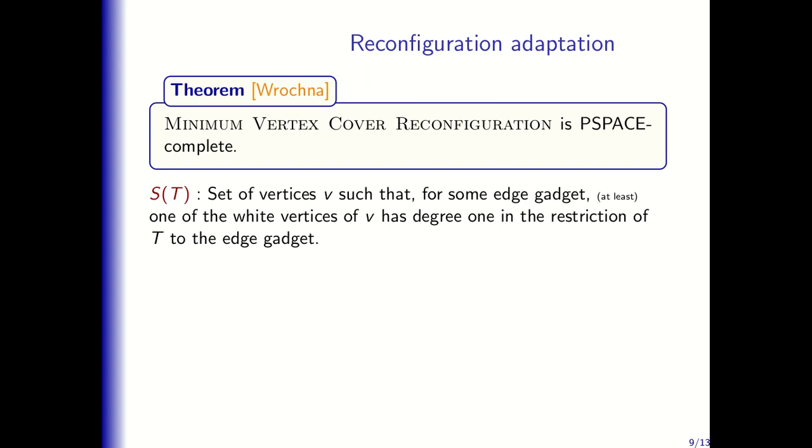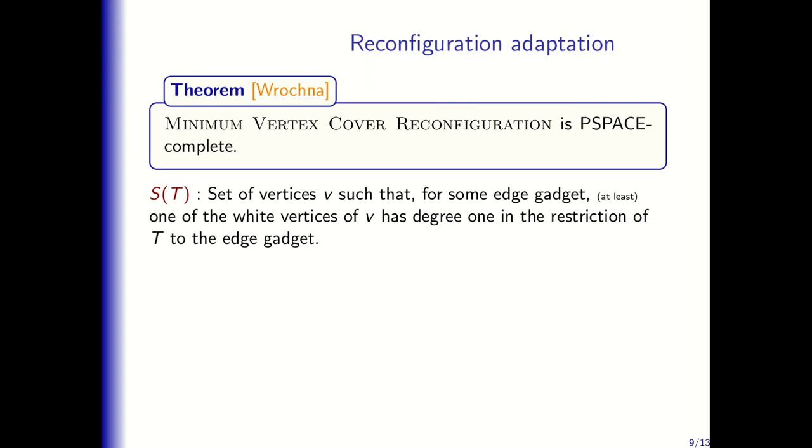And so we create a set S of T, given a tree T, which is the set of vertices such that for some edge gadget, one of the two white vertices of V has degree 1 in the restriction to the edge gadget. Okay? So this defines a vertex cover because we know that for every edge gadget, one of the two endpoints has to be in S.